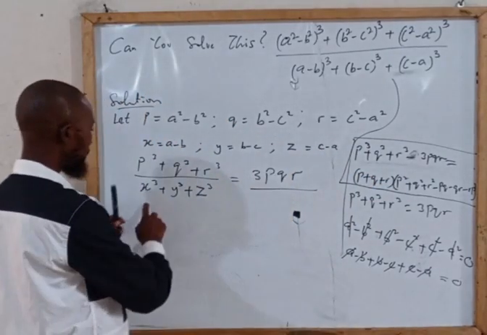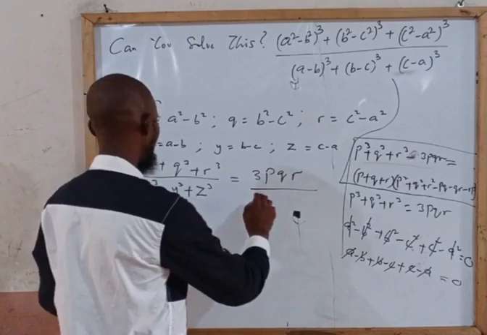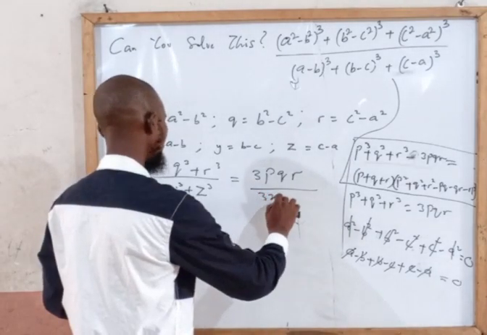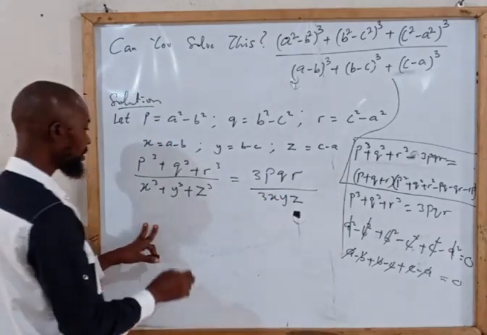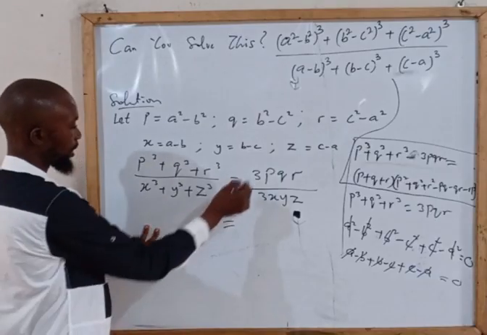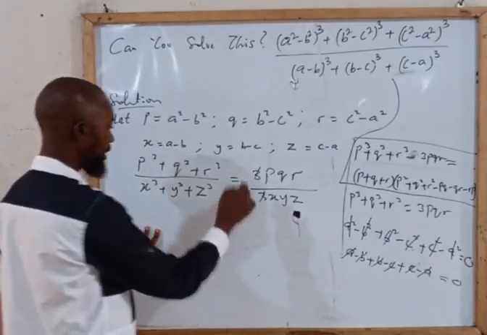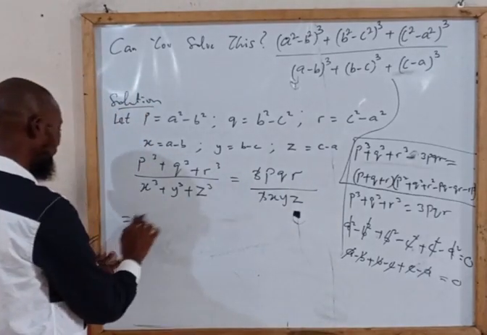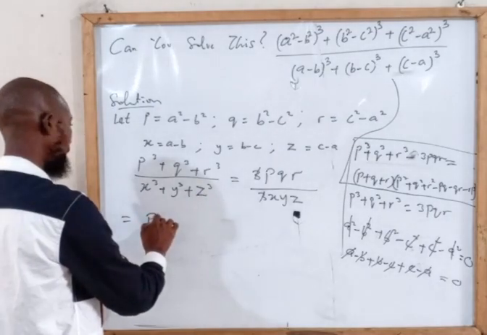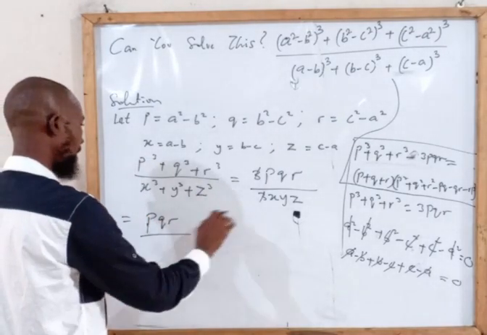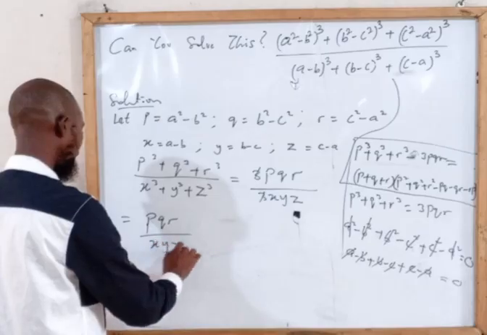So X cubed plus Y cubed plus Z cubed also equals 3XYZ. So this can now be broken down, we know 3 can cancel 3. We are left with PQR over XYZ.